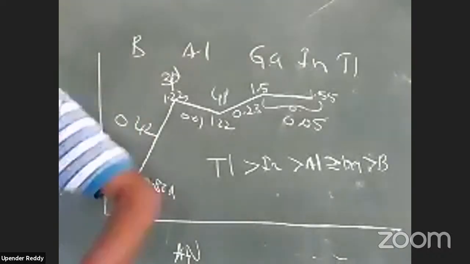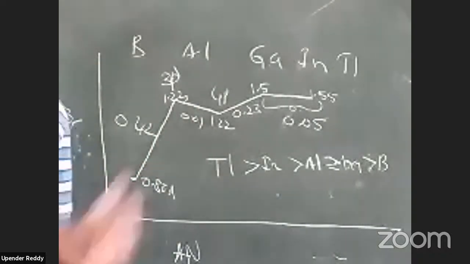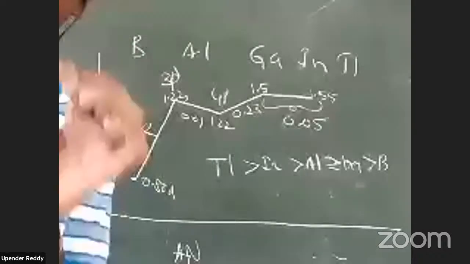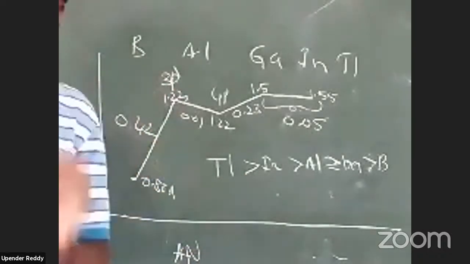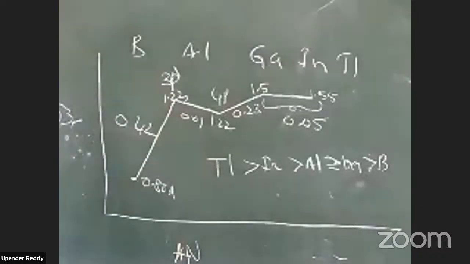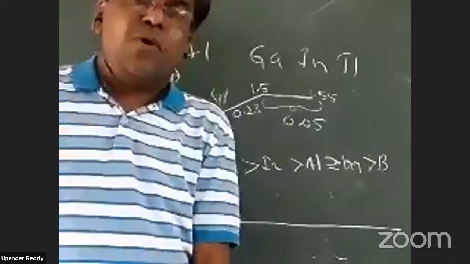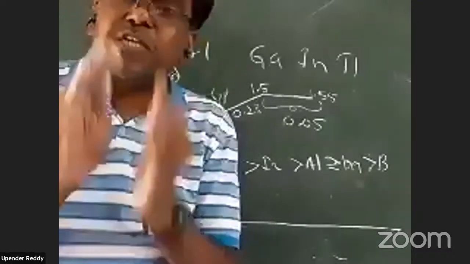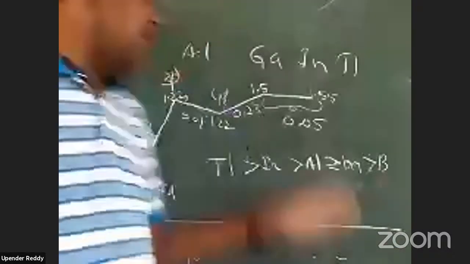Tell me. Aluminium and gallium are almost equal in size. Gallium has a smaller size than aluminium rather than a larger one. From top to bottom size should increase. Boron small, aluminium large, then gallium should be larger and keep increasing.